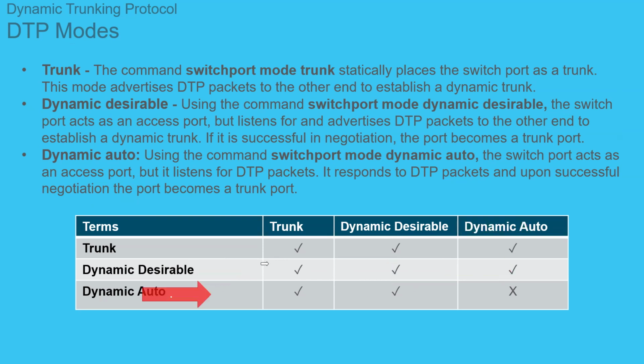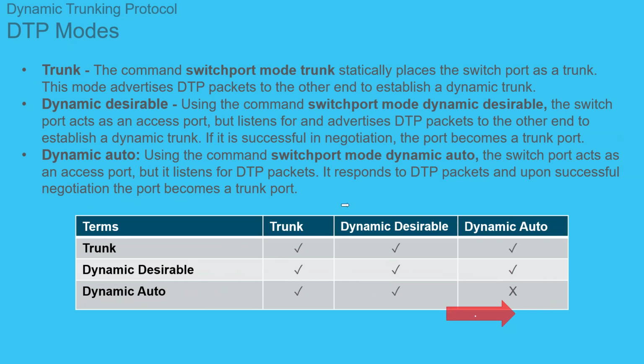But there is only one corner case here: if one side has DTP mode dynamic auto and the other side also has DTP mode dynamic auto, it will not become trunk. It will not negotiate as a trunk. That is the only one case.